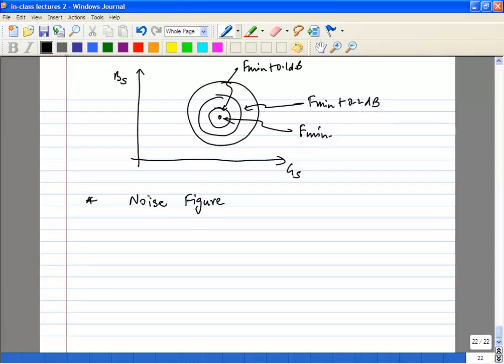Some other general points. You can also define something called a noise figure, which is in dB first of all.